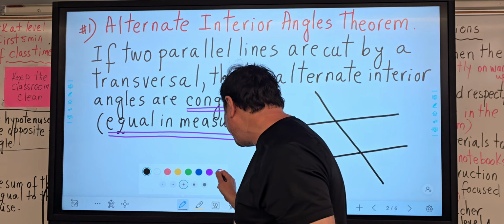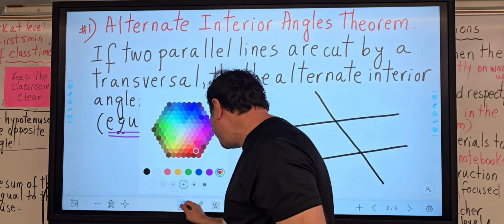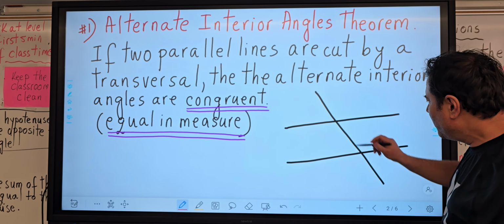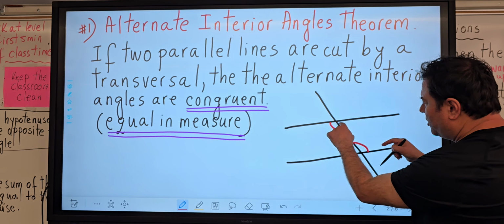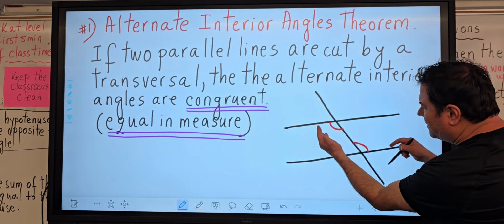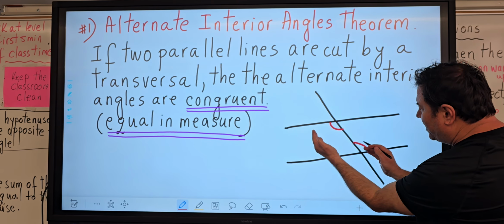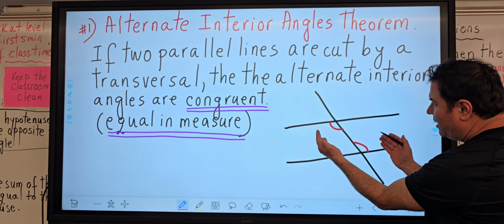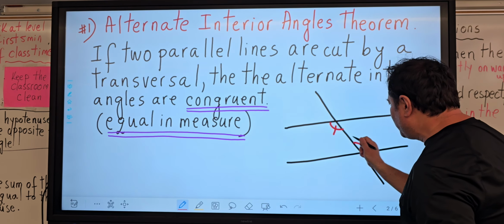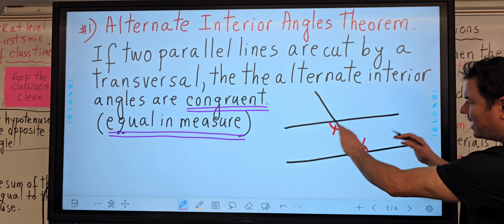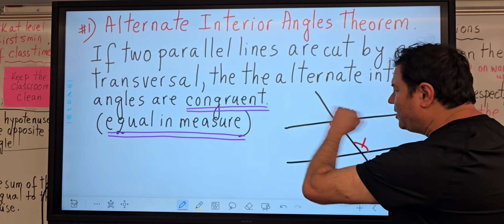Let's take a look at those angles now. The alternate interior angles. So this angle and this angle, you see they're alternate. One angle is on this side of the transversal and this angle is on the other side of the transversal, and they are inside of the parallel lines. This angle and this angle are congruent. They are the same, equal in measure.